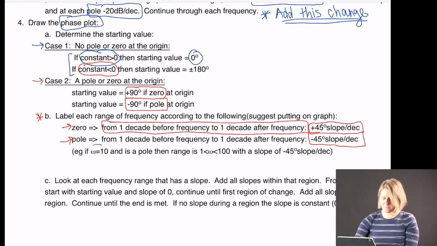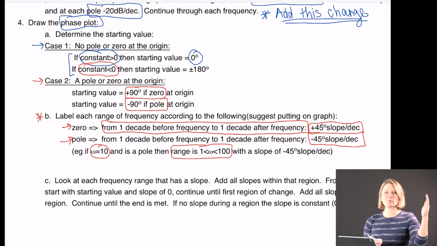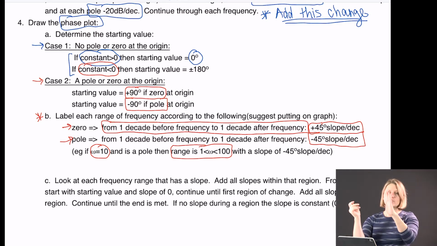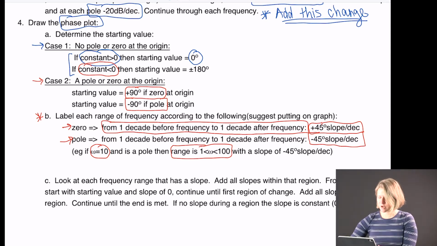For an example, if your location is omega 10, meaning that you have a pole or zero, we're going to do the example of a pole at 10. You have a range from 1 decade before, which is divide by 10, to 1 decade after, which is multiply by 10. If it's at 10, divide by 10 gives you 1. If it's at 10 and you multiply by 10, you get 100. So your range is from 1 to 100.